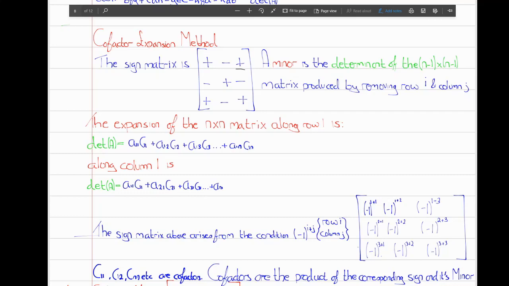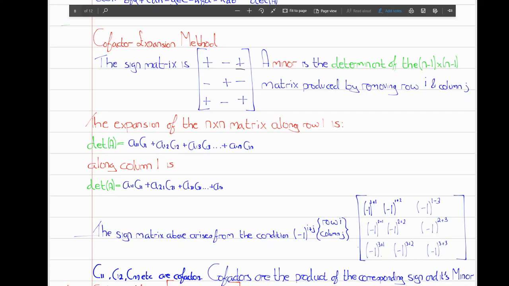Now, a minor is the determinant of the n minus 1 by n minus 1 matrix produced by removing some row and some column. So, the expansion of the n by n matrix along row 1 is going to be A11 times C11 plus A12 times C12 plus A13 times C13. So C11, C12, C13 and so on are cofactors.